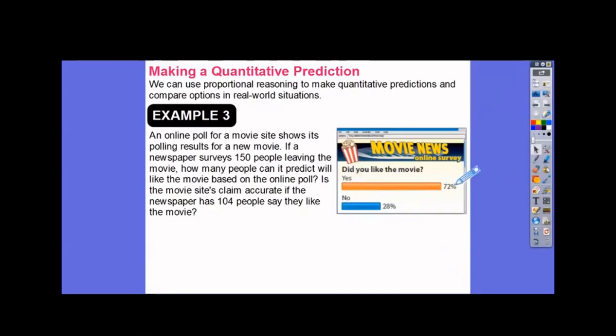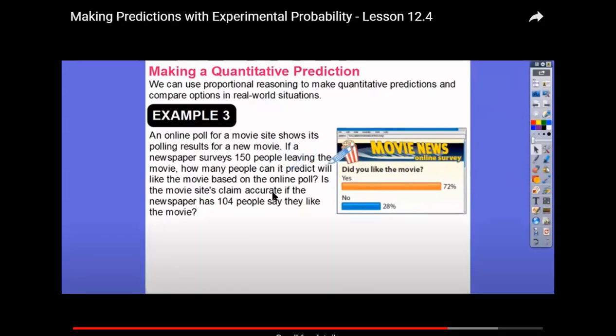If the newspaper has 104 people say they like the movie. So we want to calculate. We want to use mathematics now. How many percent said yes, they like the movie? 72%, right?